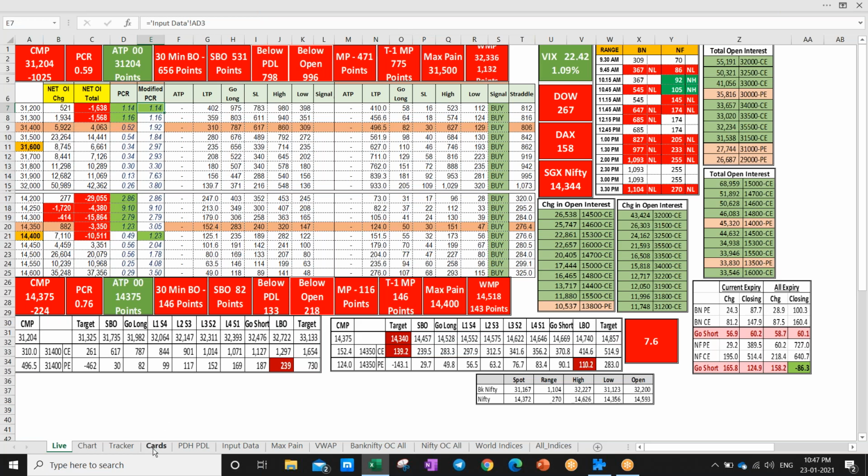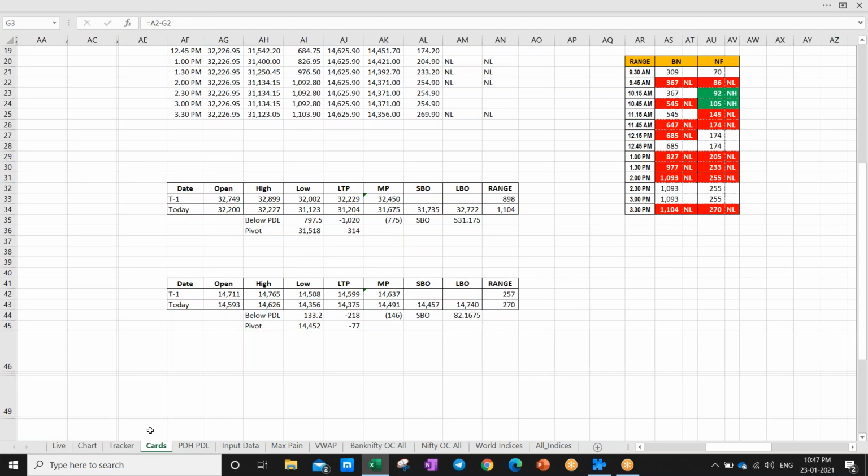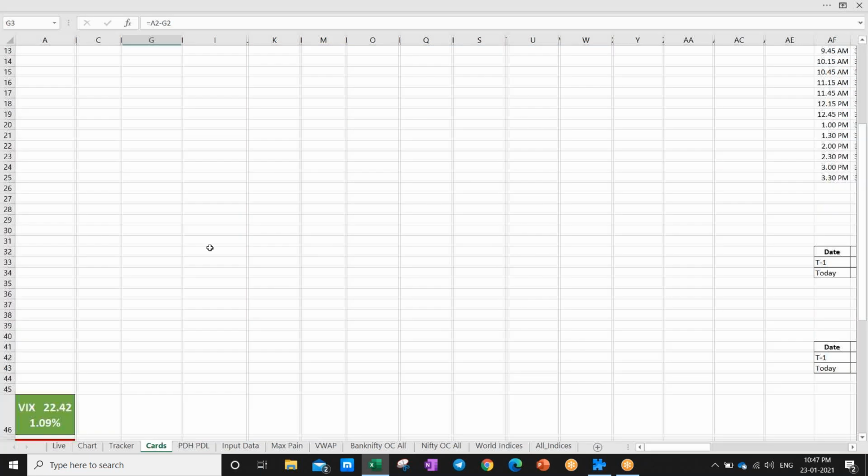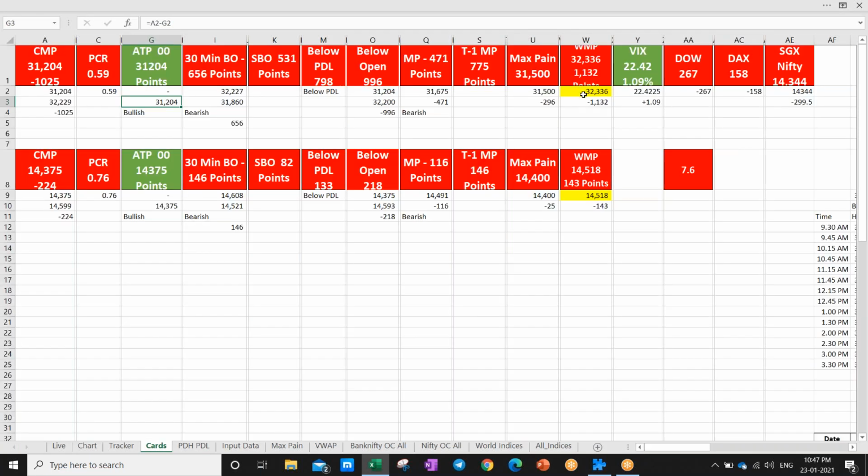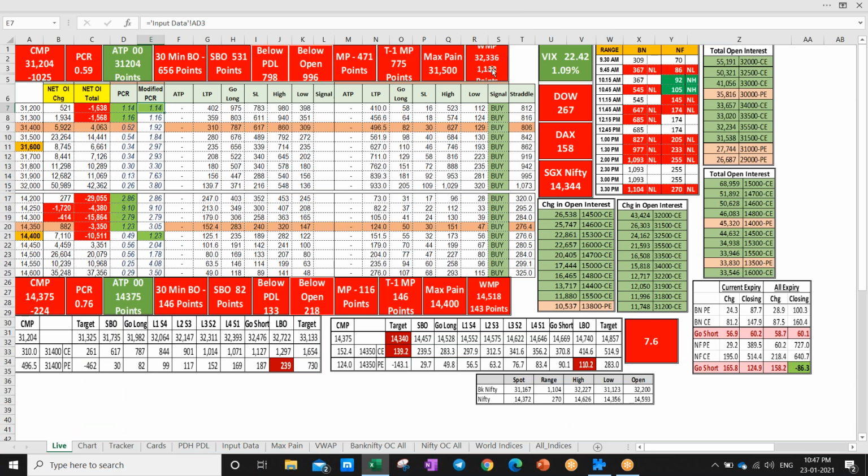You will get a figure, and you need to update that figure here in the Cards sheet, in the top left corner. Then the figures will come automatically and show the gap down and everything. So this is the complete detail of how the information is stored here, how it behaves, and the logic behind it.